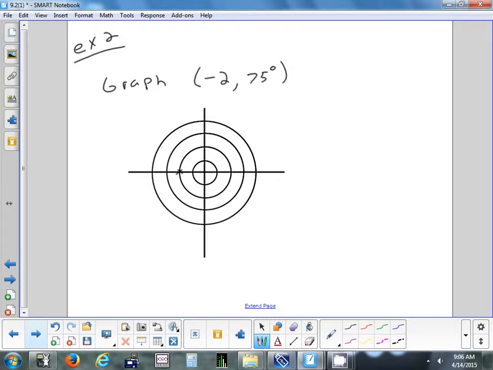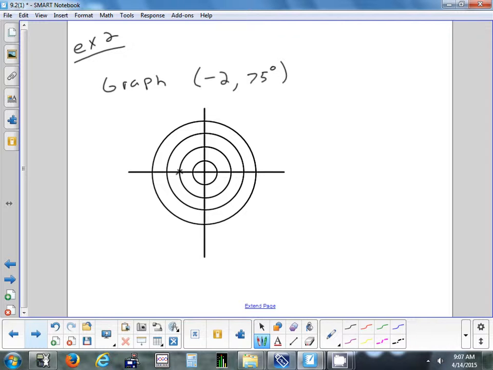And now from that point, I want you to move 75 degrees. We just have to figure out our direction. Okay, Brian, what's our direction this time? 75 degrees. Clockwise, or counterclockwise. All right, what kind of angle is that? Acute. Positive or negative? Oh, negative. Are we talking like below the axis or above?